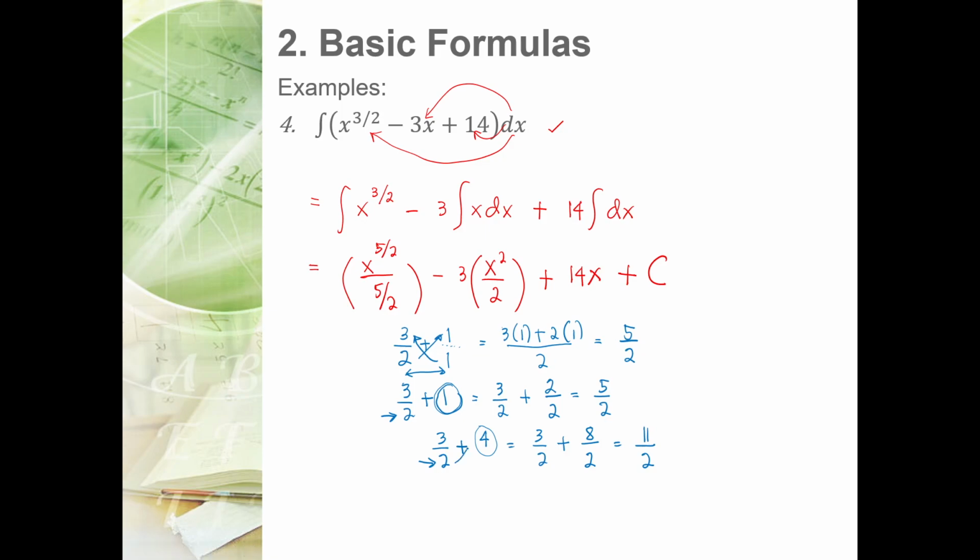If crisscross, that's 3 times 1 plus 4 times 2 all over 2, so 11 over 2 as well.